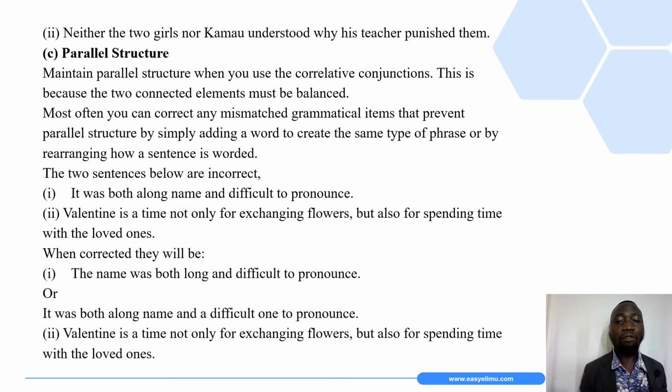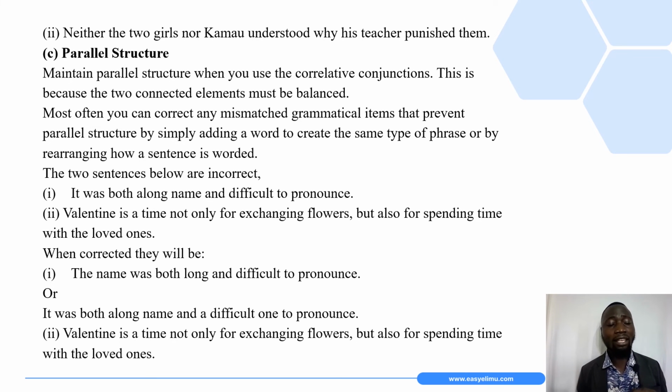So again, if you look at the pronouns there, you realize that in the first sentence the pronoun is in plural, because we are referring to the two girls. Then in the second sentence, we have the pronoun his, that is now talking about Kamau, that is one person.